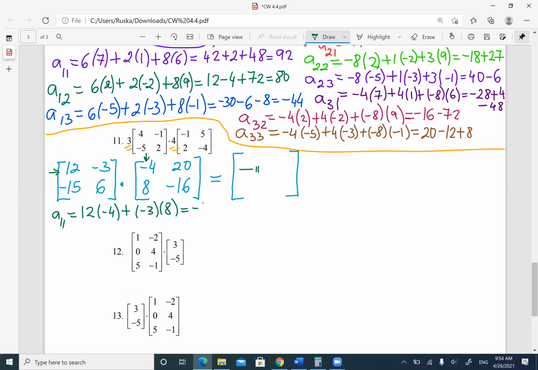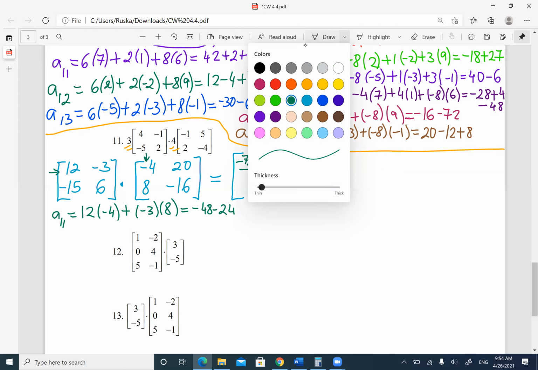So it's going to be negative 48 minus 24. And that's going to be negative 72, right? Okay, so that's the first one.